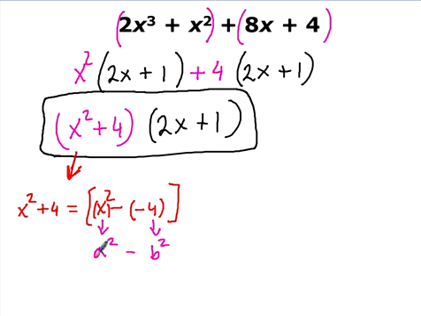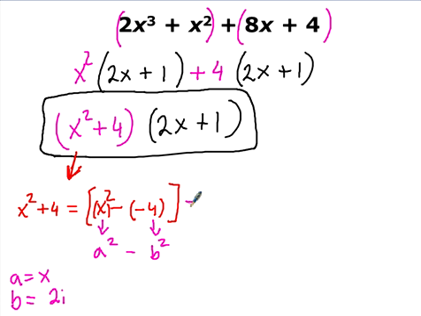Well, if x squared is my a squared, then my a must be x. If my b squared is negative 4, I have to ask myself, well, what number to the power of 2 gives me negative 4? And that would be 2i, 2 imaginary.